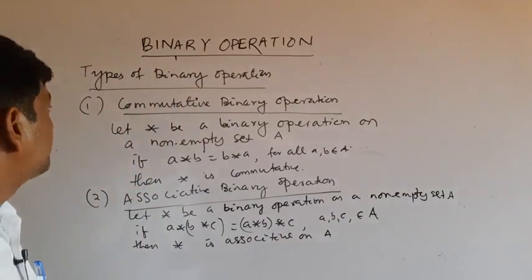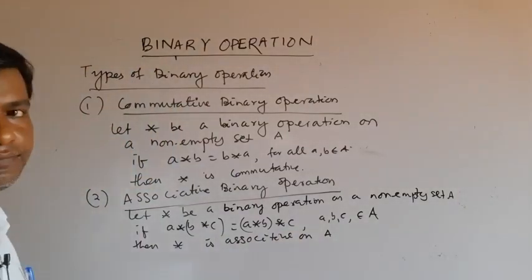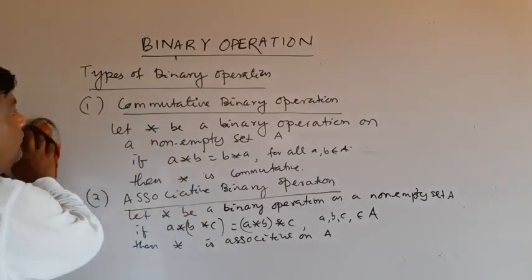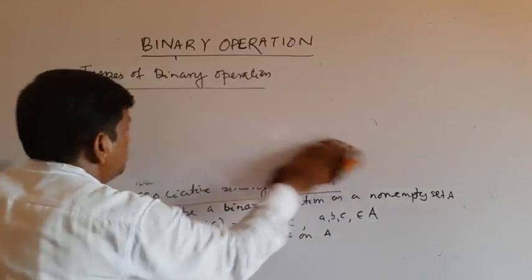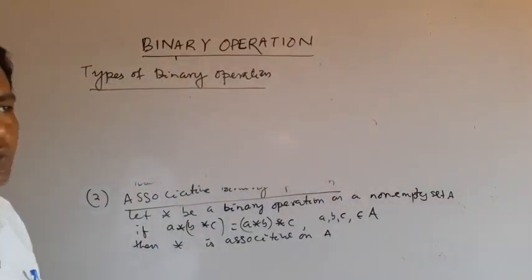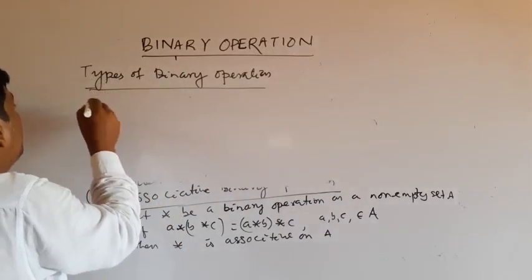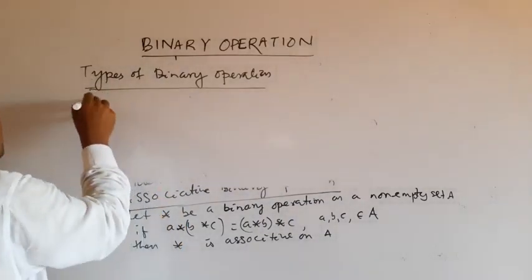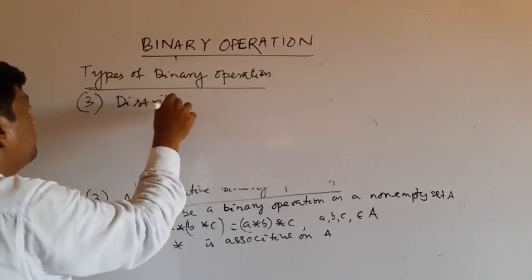Similarly, the third one is distributive. For distributive we require two operations. The third one is the distributive property.